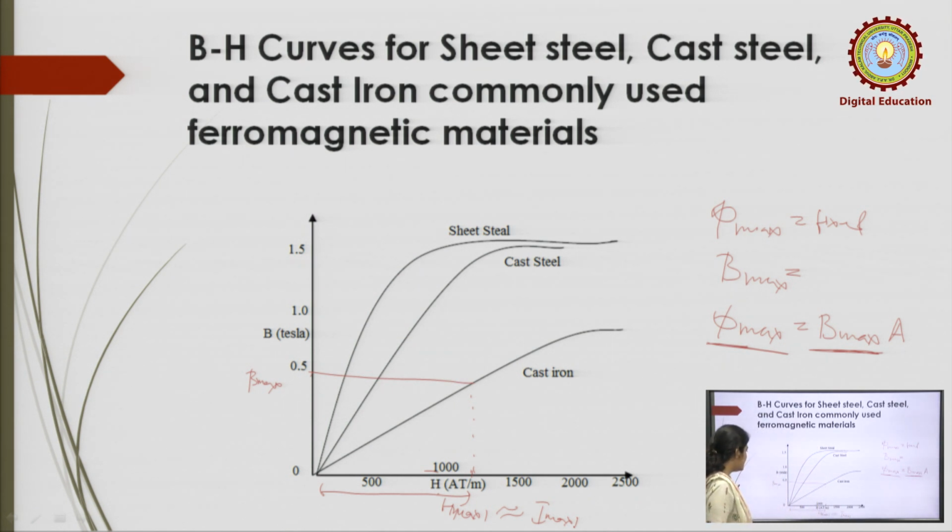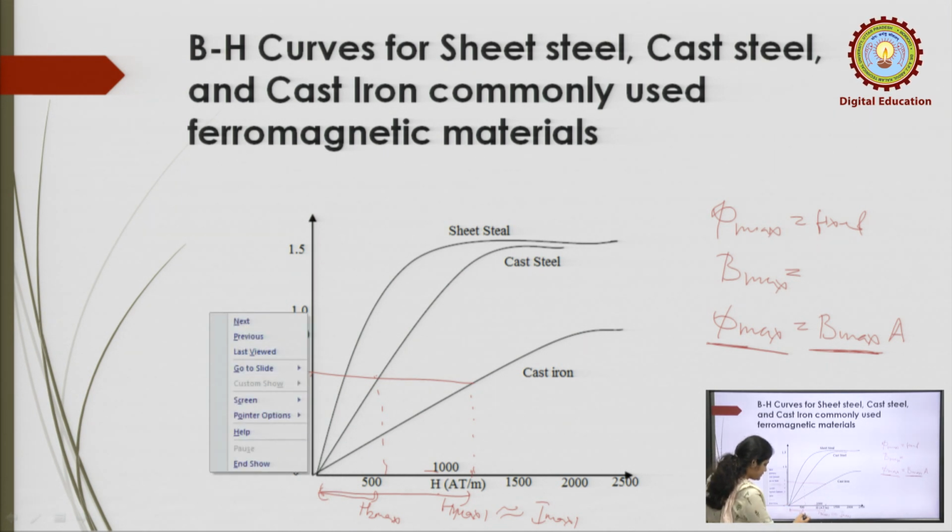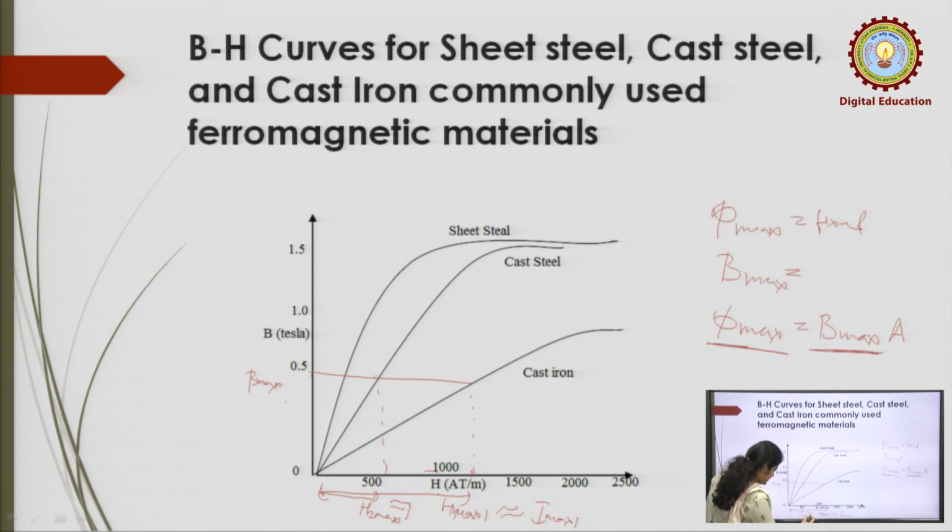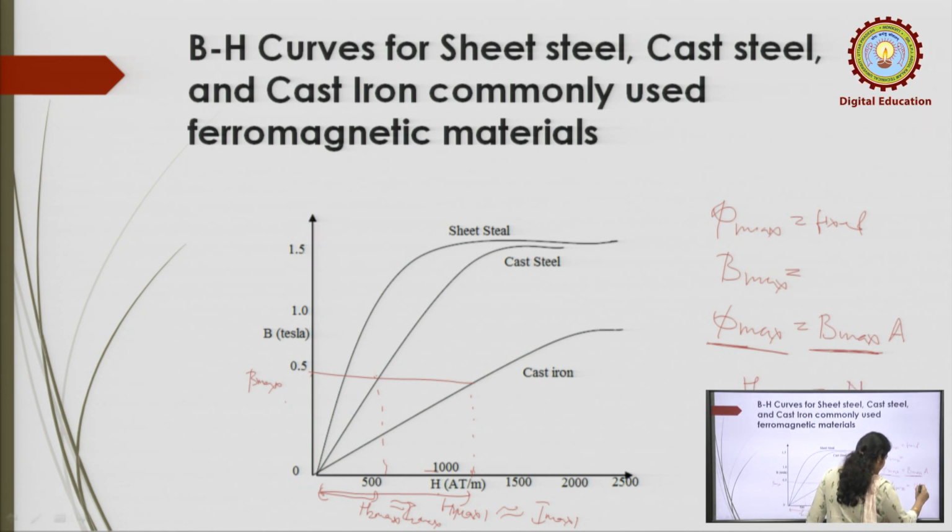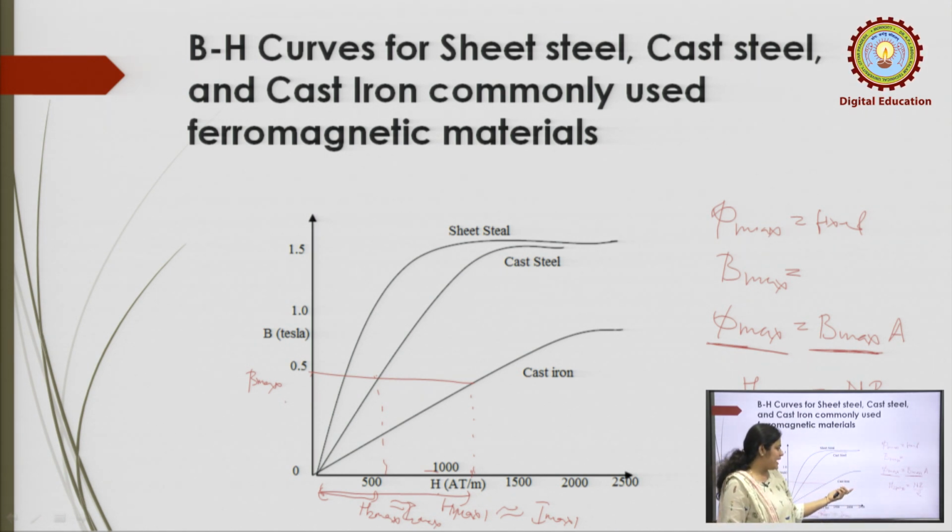And for the same B max, for the cast steel material, H2 max becomes like this, and it is similar to I2 max, because H is equal to Ni by L. So, N is fixed, L is fixed. So, the H max is proportional to the current itself.